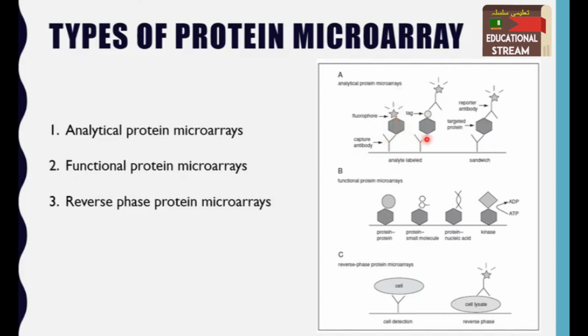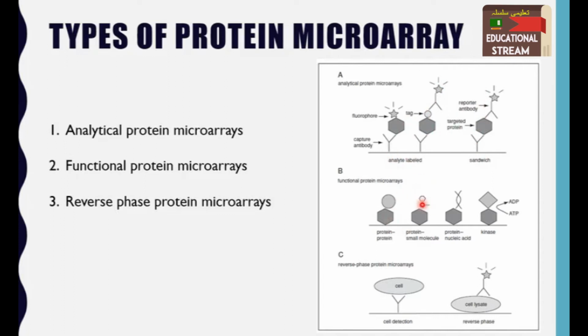Or secondly, we can use the sandwich type of analytical protein microarray in which the signal is on a secondary antibody which recognizes the target protein with the help of a tag, and then we call it the sandwich microarray, and the first type is the analyte labeled microarray.